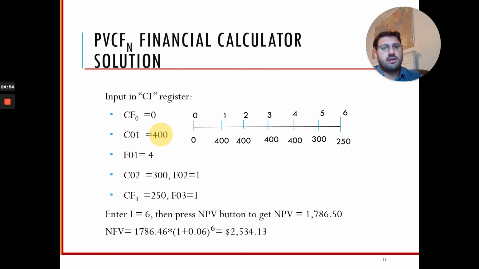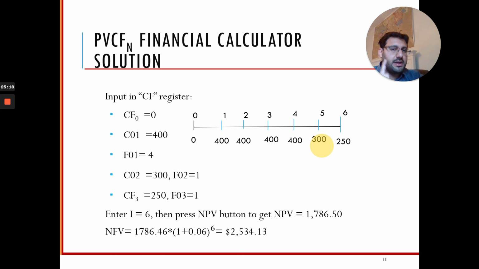So the first 400, you consider as the first unique cash flow. You will press C01, 400, but it happens 4 times: 1, 2, 3, 4. So the frequency of these cash flows in your financial calculator, I'm explaining how to do it in the Texas Instruments BA II financial calculator, is 4. Then the second unique cash flow is 300, and the frequency is only 1 because it appeared only one time.